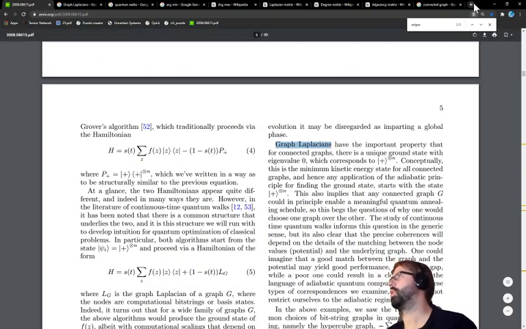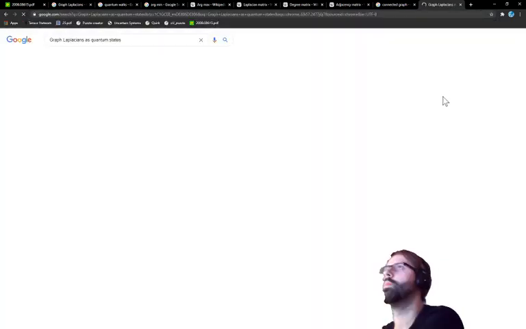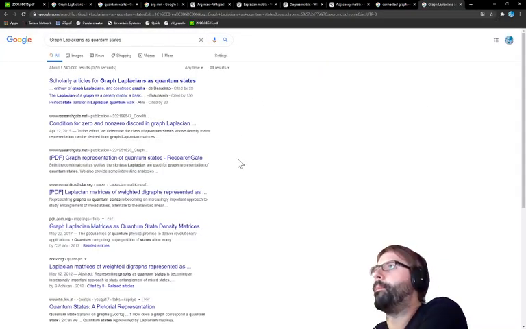So maybe let's try to understand that. Graph Laplacians as quantum states. As quantum state density matrices.